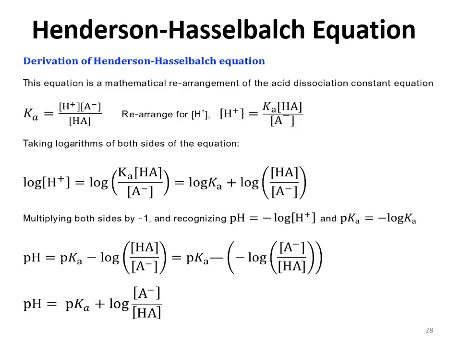So now the equation is pH is equal to pKa plus log of the concentration of conjugate base over the undissociated acid.